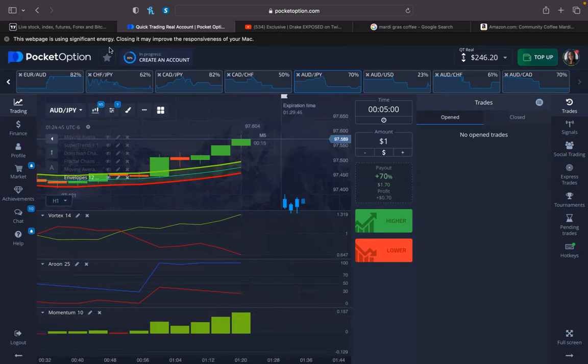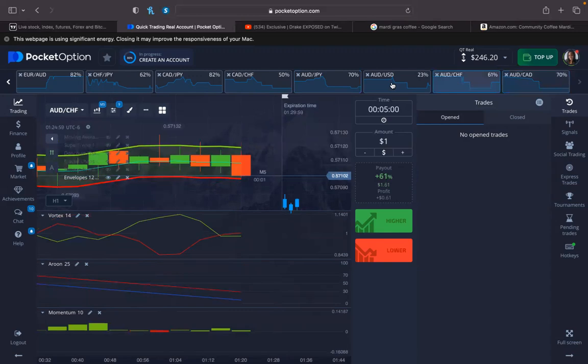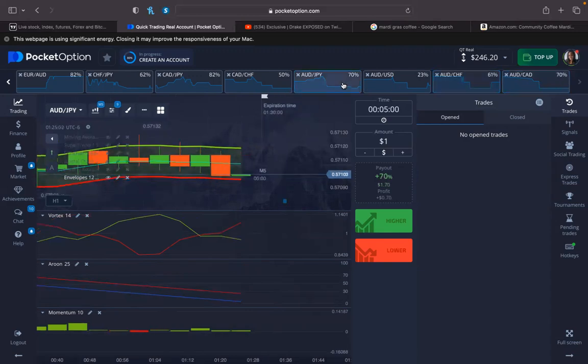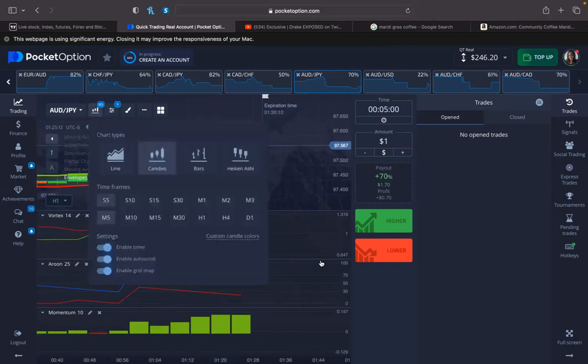Okay, so let's find a pair that we actually want to trade. It's not a good entry. AUDJPY actually looks like it is a buy on the 5 minute, and I will come down to the 5 second to enter.